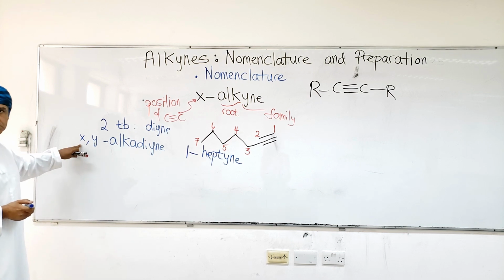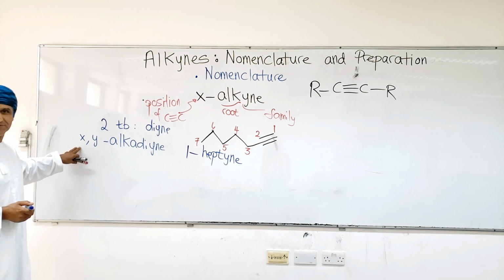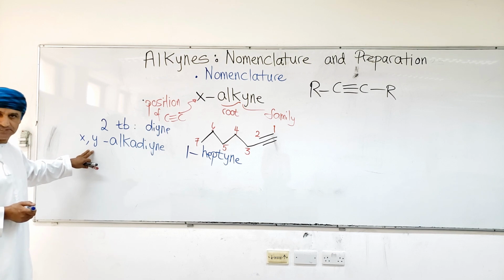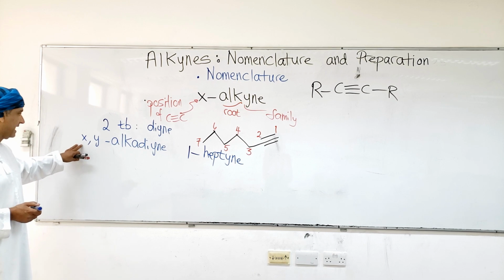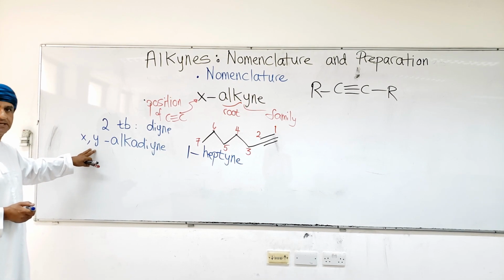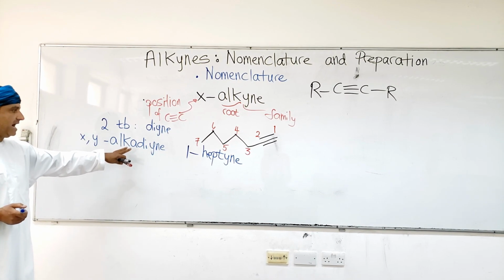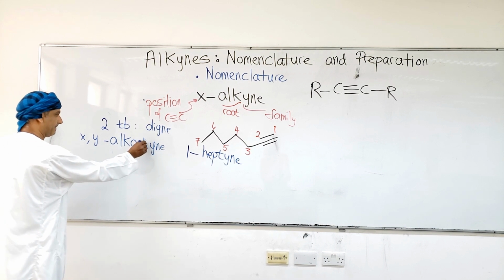X is the position of the first carbon-carbon triple bond in the chain, and Y is the position of the second carbon-carbon triple bond in the chain. So it's X,Y-alk-a-diyne.